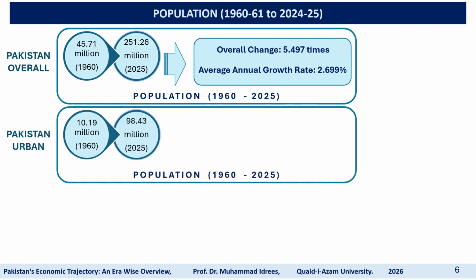Looking at the urban areas of Pakistan. In 1960, the population living in the urban areas of Pakistan was 10.19 million. It increased to 98.43 million in 2025.